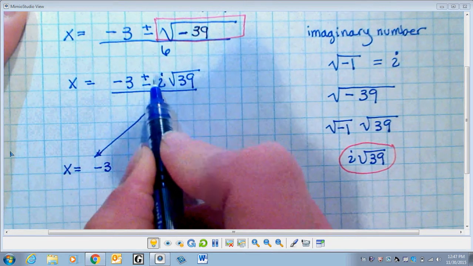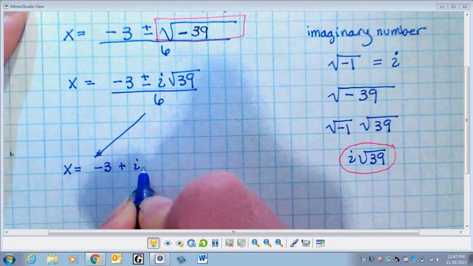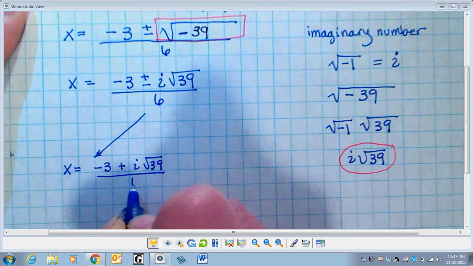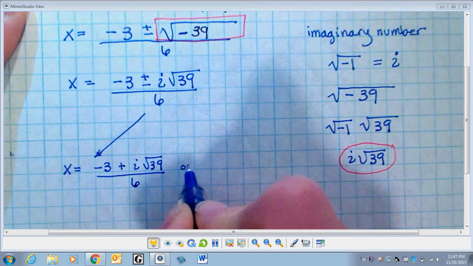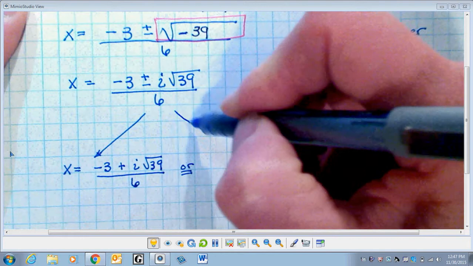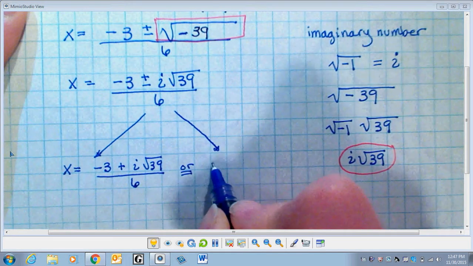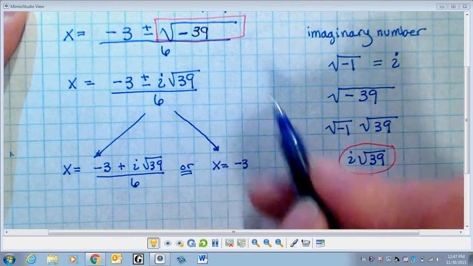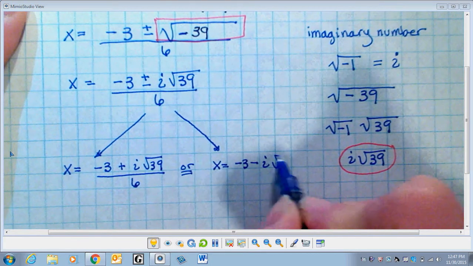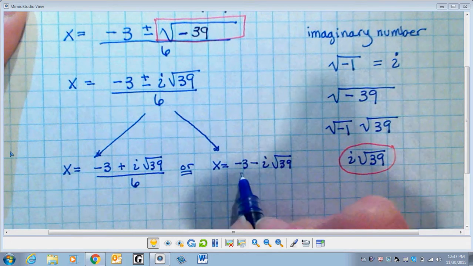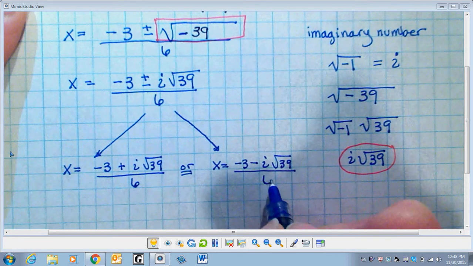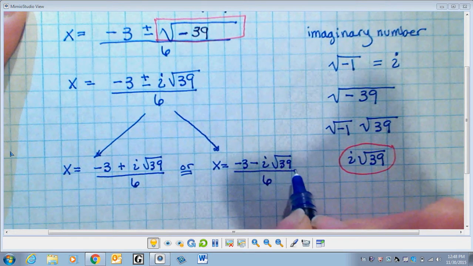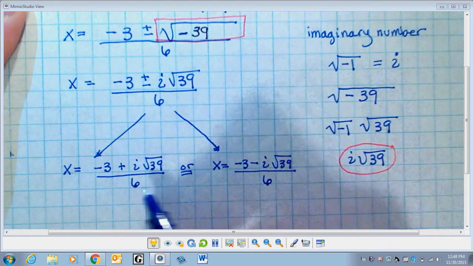We're going to take the upper root, plus i square root of 39 divided by 6, or x equals negative 3, take the bottom root, minus i square root of 39, all divided by 6. So notice that that division line goes from one end of the numerator to the other on both. So those are my two roots.